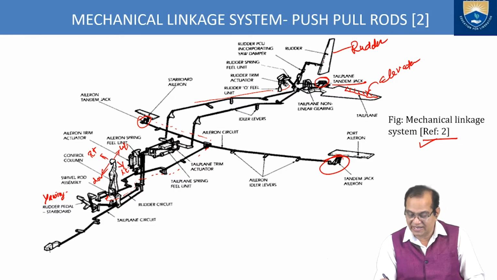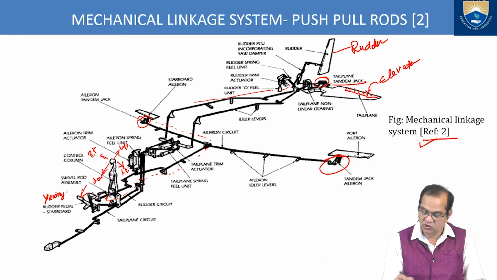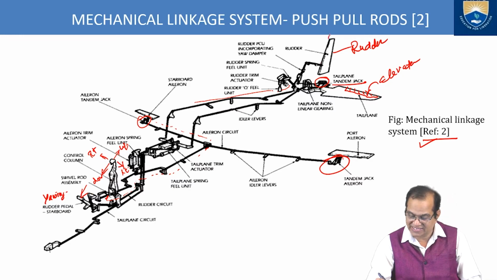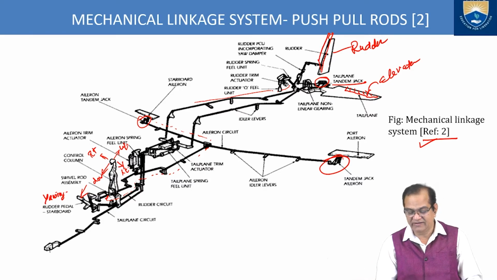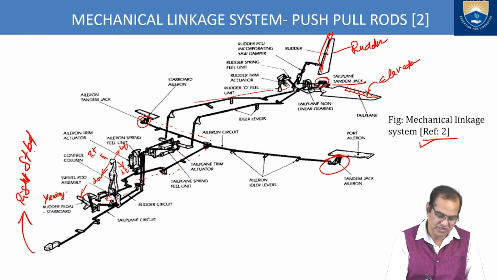If you want to operate the rudder, then you have to push this pedal. If one is pressed, it means right side, so the rudder has to move towards the right side in this direction, and your aircraft will move right, or starboard side.